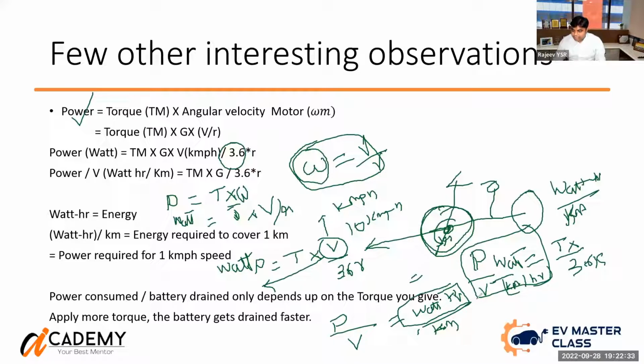So the watt into hour is nothing but the energy required to cover 1 kilometer is one way of showing it. The other way of showing it is the power required for 1 kilometer per hour speed. Are you here with me? Energy required to cover 1 kilometer, or power, which is the derivative of energy, required for 1 kilometer per hour speed. Are you here until now?